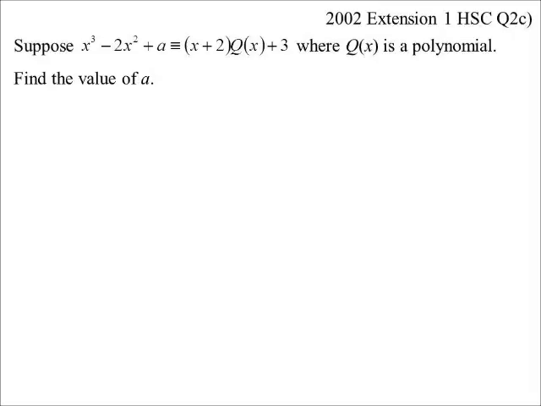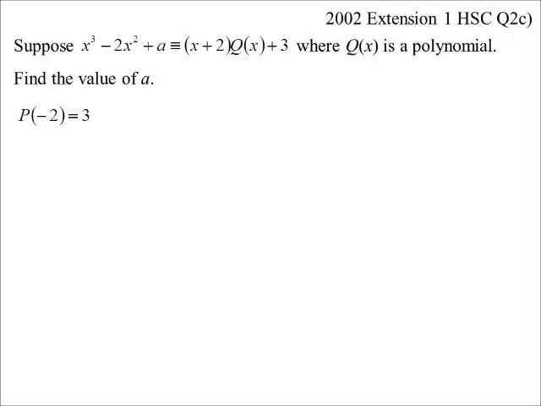2002. So x cubed minus 2x squared plus a is going to factorise to be (x plus 2)Q(x) plus 3. Q(x) is some polynomial. Find the value of a. What should we substitute in? There's a logical number here to substitute in. Minus 2.